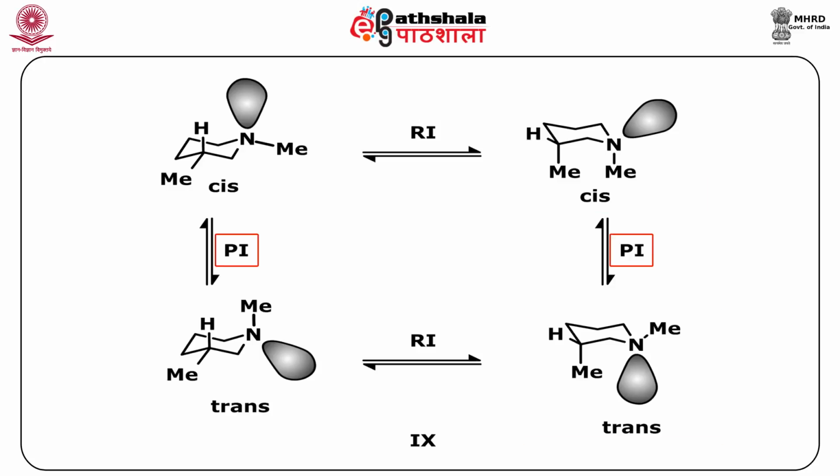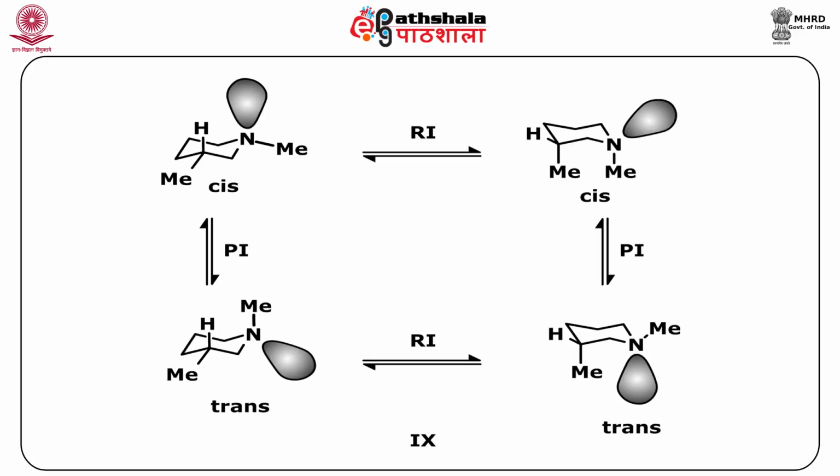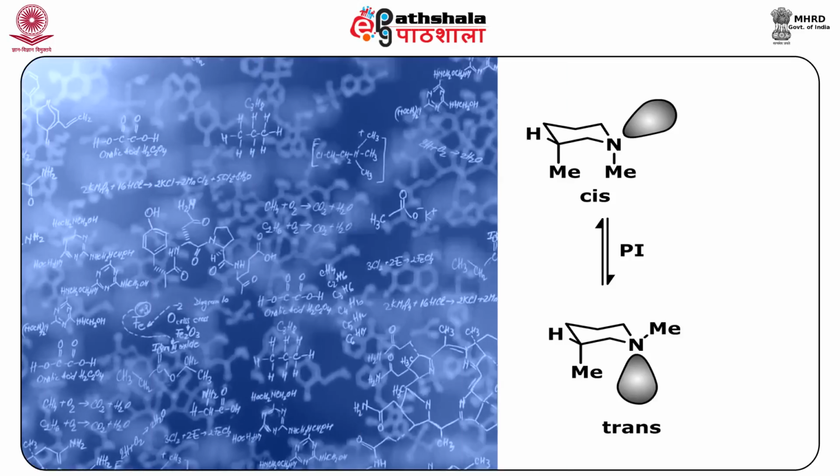But in pyramidal inversion, the cis isomer is converted into the trans isomer and vice versa. So, you can notice all these inversions. From cis to cis is the ring inversion, and from cis to trans you have the pyramidal inversion, and again from trans to trans you have ring inversion.